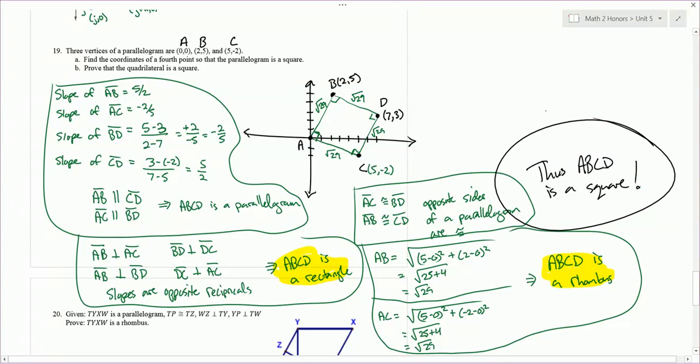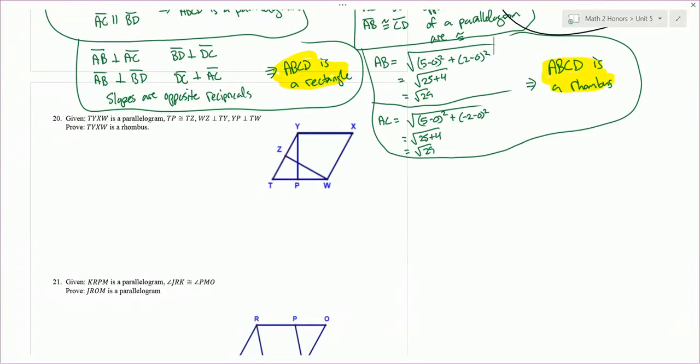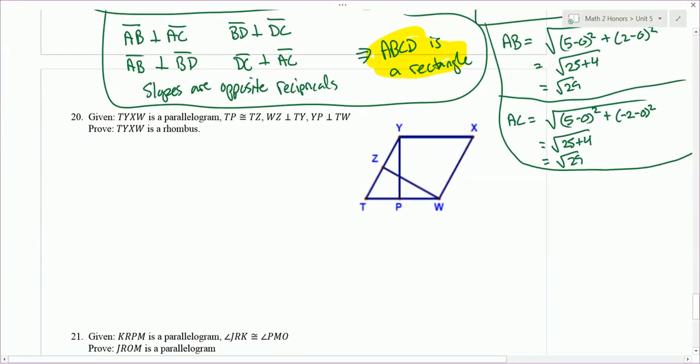Okay, on to number 20. So here we're given TYXW is a parallelogram, and we're going to do a two-column proof here. So statement, reason. And so we'd like to show that it's a rhombus. So the givens: TYXW is a parallelogram, and TP congruent to TZ.